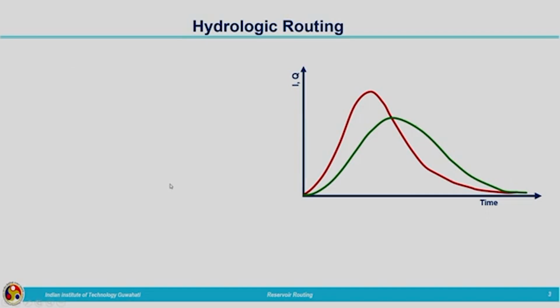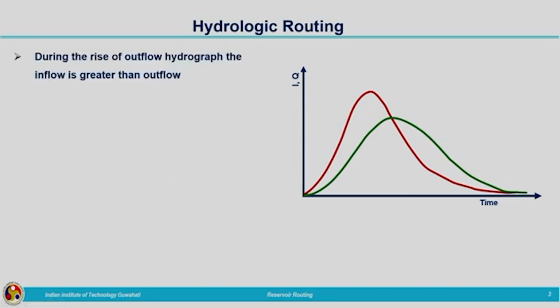Now, you can observe that during the rise of the hydrograph, the inflow is greater than the outflow. This is our inflow hydrograph and the green curve is the outflow hydrograph.